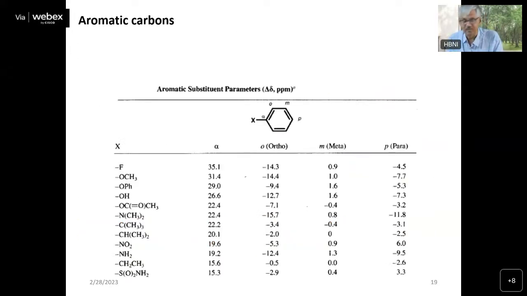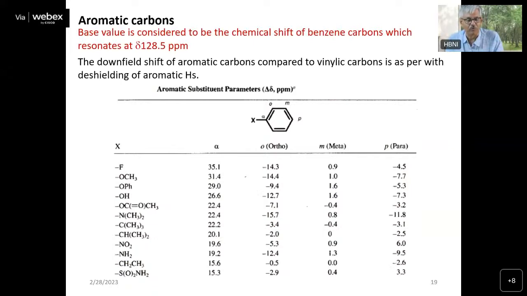Now aromatic carbon is another class of compounds which is very common, and here we consider the benzene carbon as the base value, which resonates at delta equal to 128.5 ppm. Then, depending on the substituent, the constants are shown here.